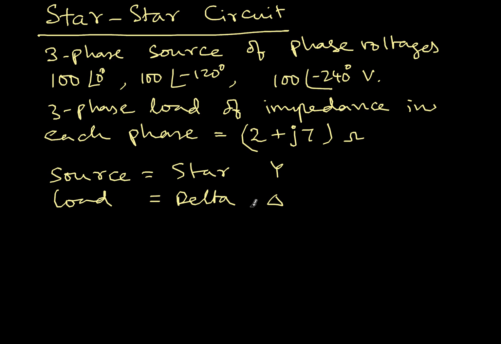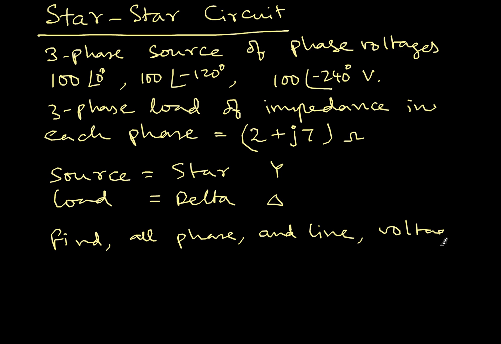What we want to do here is determine, or just say find, all phase and line voltages and currents. So this is the question. Okay, so let's start solving this question.